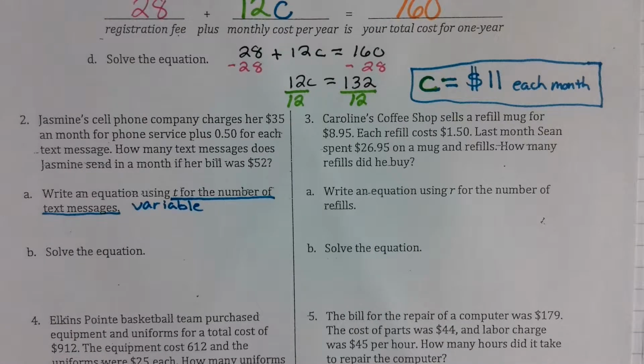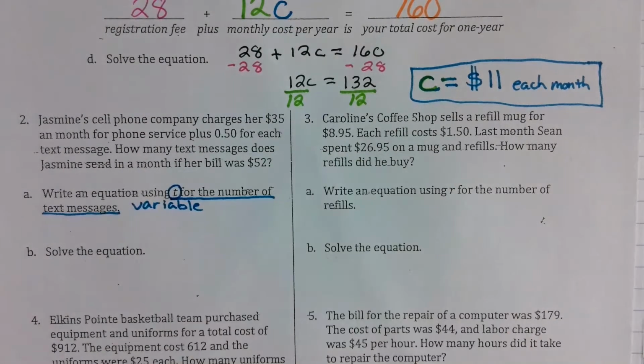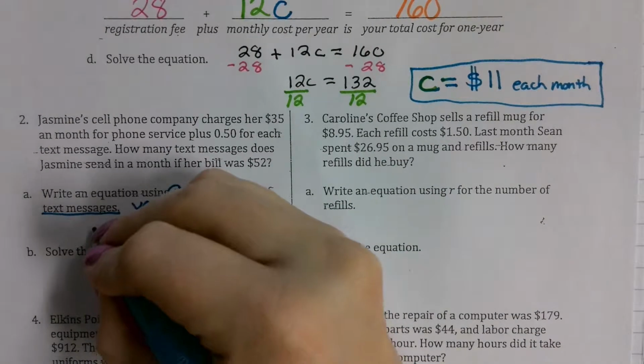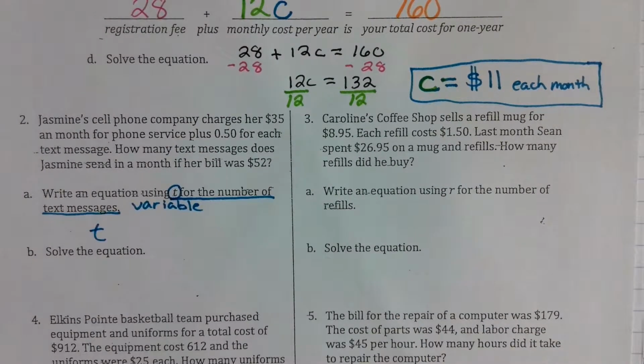Since I'm already told my variable to use, I'm using the letter T, and I write it down. And all I have to do is fill in the rest of that important information. The coefficient, the constant or that one-time value, and what the total thing is going to equate to. So let's start with that coefficient.